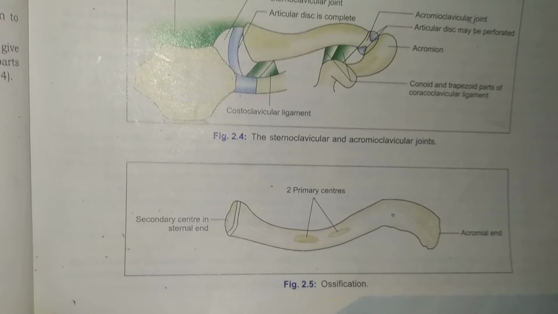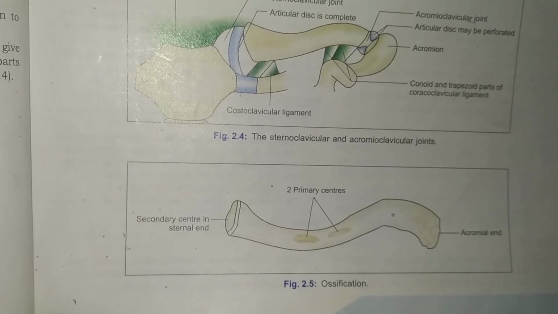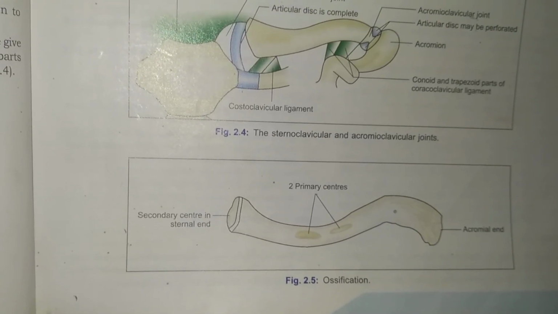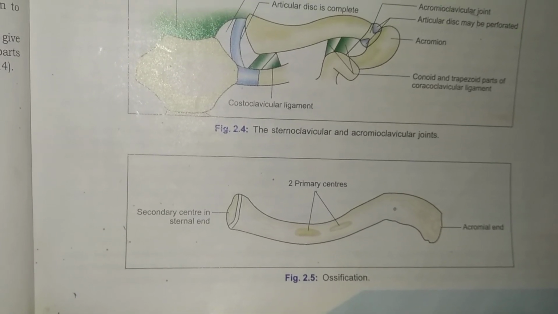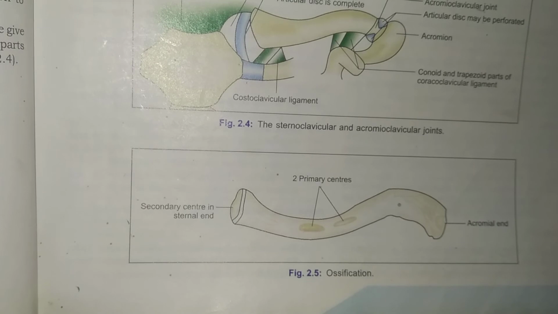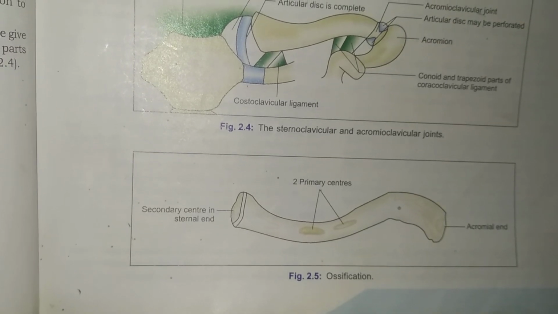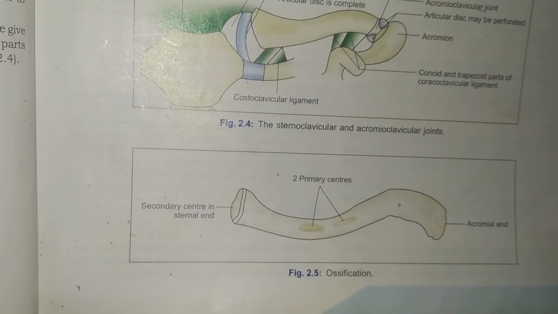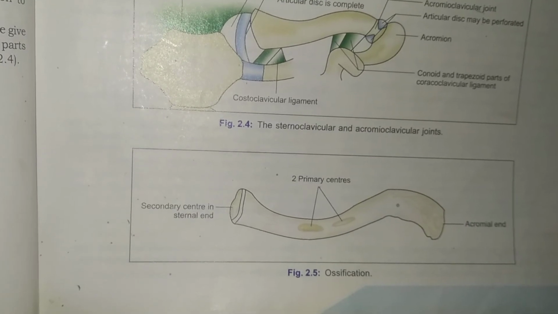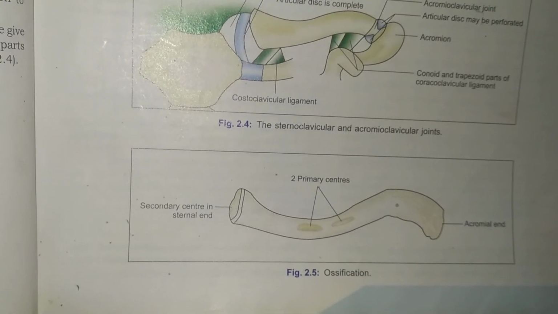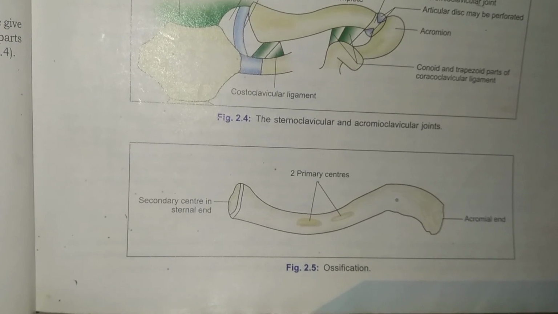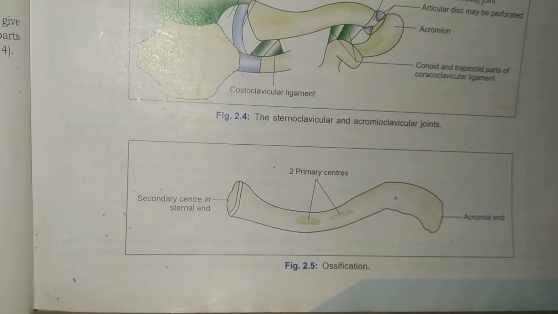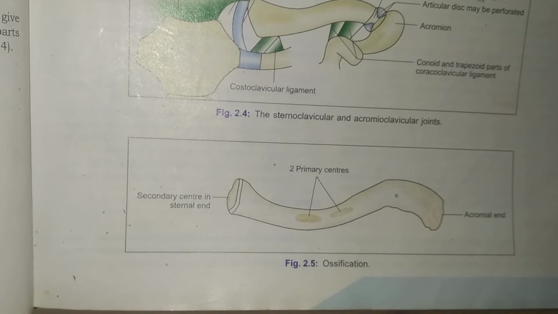In females, the lateral end of the clavicle is a little below the medial end, and in males, the lateral end is either at the same level or slightly higher than the medial end. If you are looking at a skeleton, if the lateral end is at the same level or higher than the medial end, the skeleton is of a male, and if the lateral end is below the medial end, then the skeleton belongs to a female.